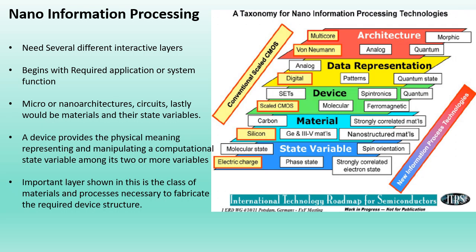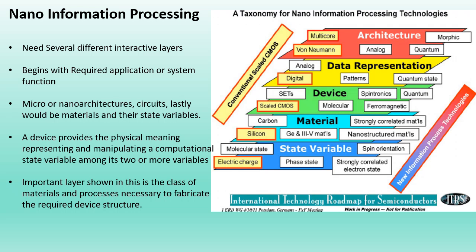Again, in nano information processing, multiple layers work together. You can see the architecture layer on the top, data representation in the next, the device layer in the next, then the material layer, followed by the state variable.